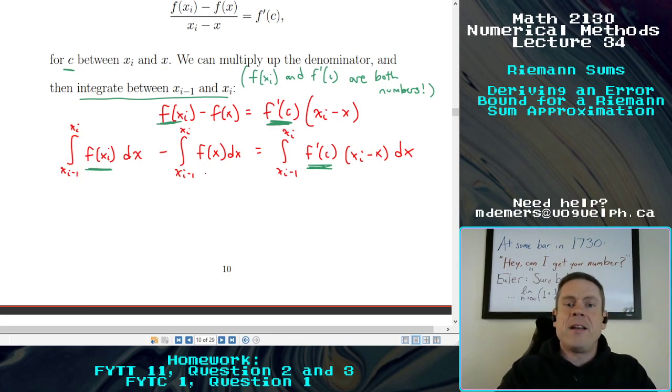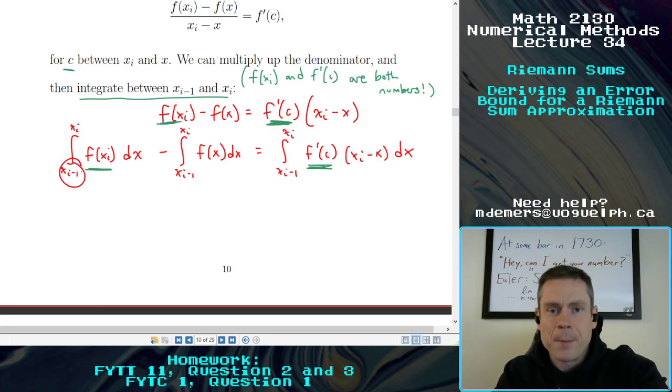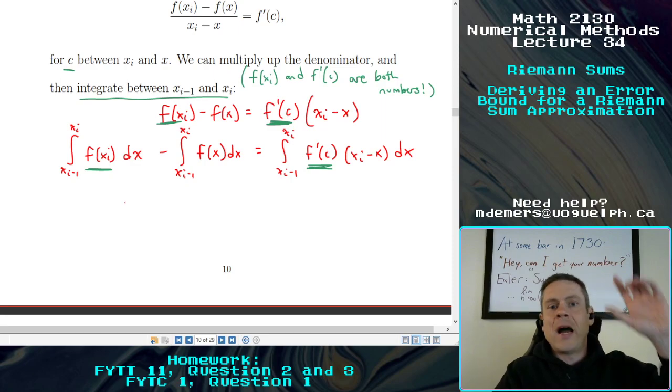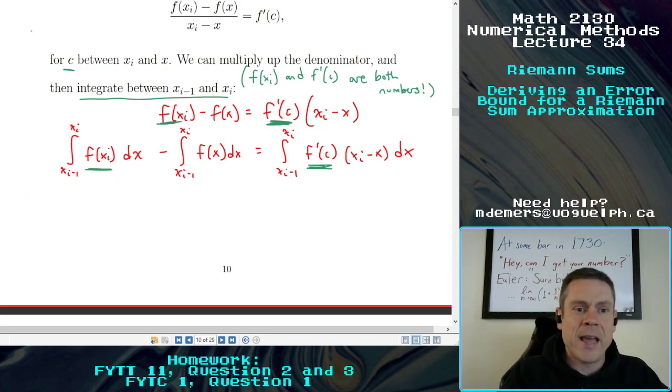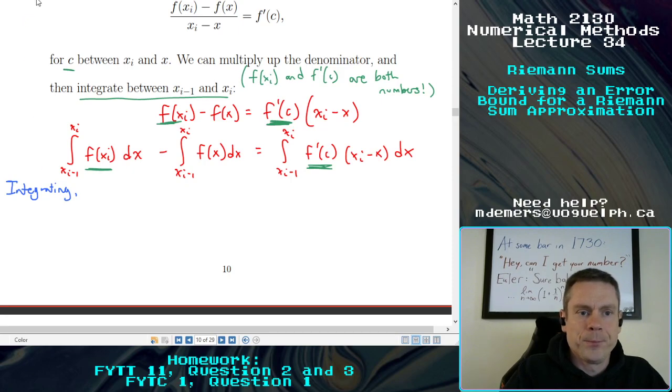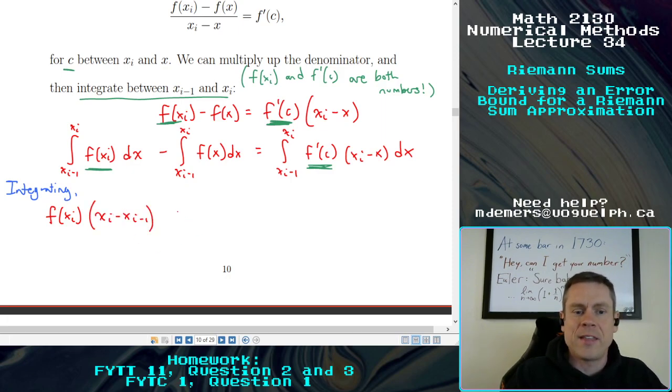So I'm really going to get 5 times the top minus the bottom. I don't actually have 5, I have f(x_i), whatever that is. But you can see I'm going to get, let's write this down, integrating, the f(x_i), that number, times (x_i minus x_{i-1}), just like that.